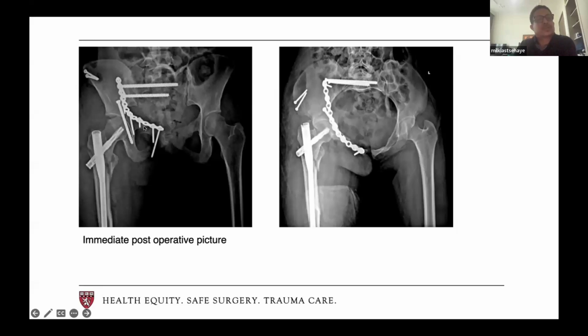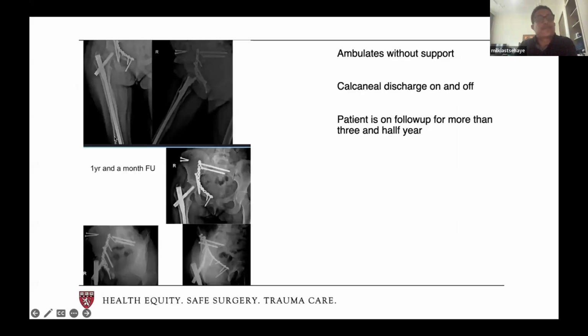We passed a J plate and fixed the anterior acetabular fracture, and for the posterior extension we used a posterior column screw. Finally, we inserted iliosacral screws at S1 and S2. So this is an immediate post-operative picture.